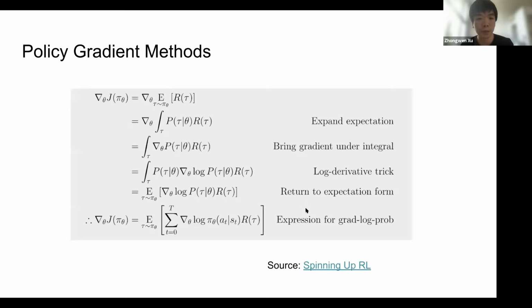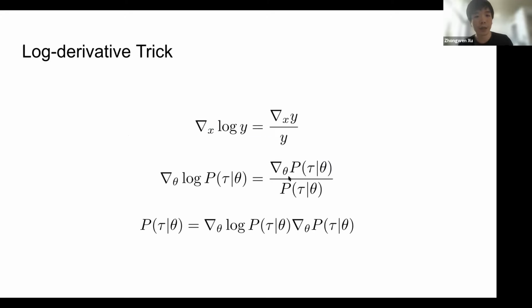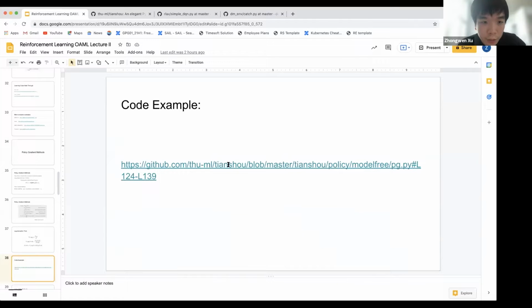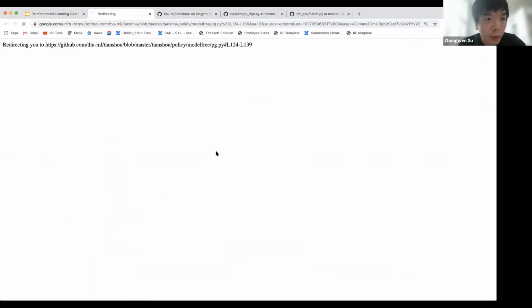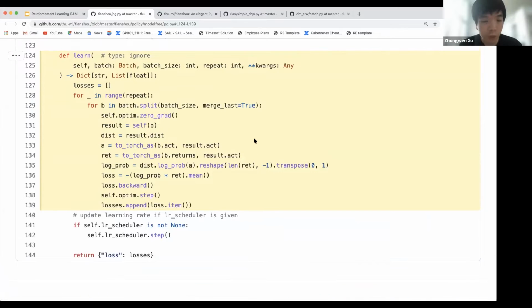So this completes the derivation of the policy gradient methods, and we provide a simple code example to explain how it really gets implemented. It's a really simple method, and the implementation is quite concise as well. The key implementation is actually just this line.